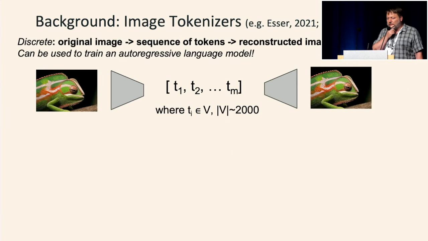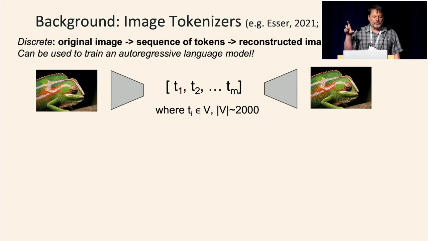To make that a little more precise, when I say token-based or discrete image tokenization, what I'm talking about is pre-training an autoencoder that takes an image as an input, maps it through this first little box on the left into a sequence of discrete tokens, maybe a vocabulary of around 1,000 to 4,000 of those tokens for each image, and then another little gray box that can map those tokens back to an image.